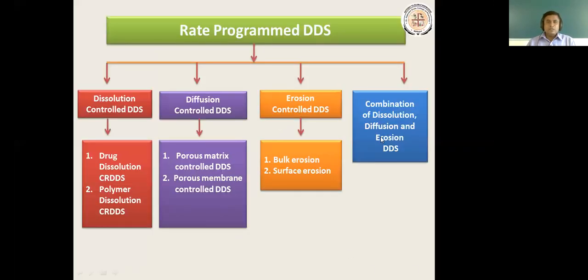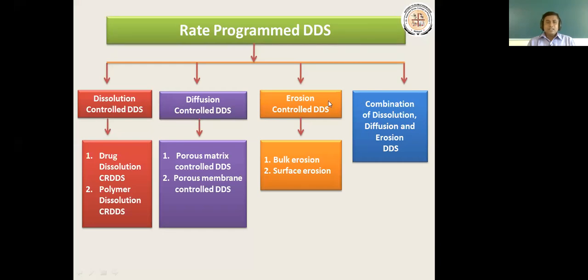These rate programmed drug delivery systems are further classified into various types. They are mainly classified into 4 types. That is the dissolution control drug delivery system, the second one is the diffusion control release drug delivery system, the erosion control release drug delivery system, and a combination of all these 3, that is dissolution, diffusion, and erosion.